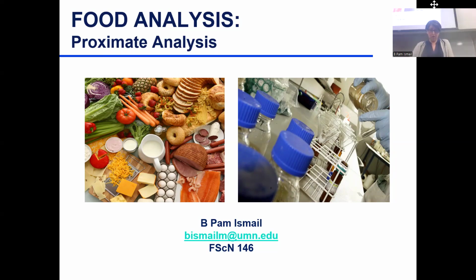We're going to talk about different components within proximate composition, but let's define what we really mean when we say proximate analysis. What components are we targeting within proximate analysis or composition?